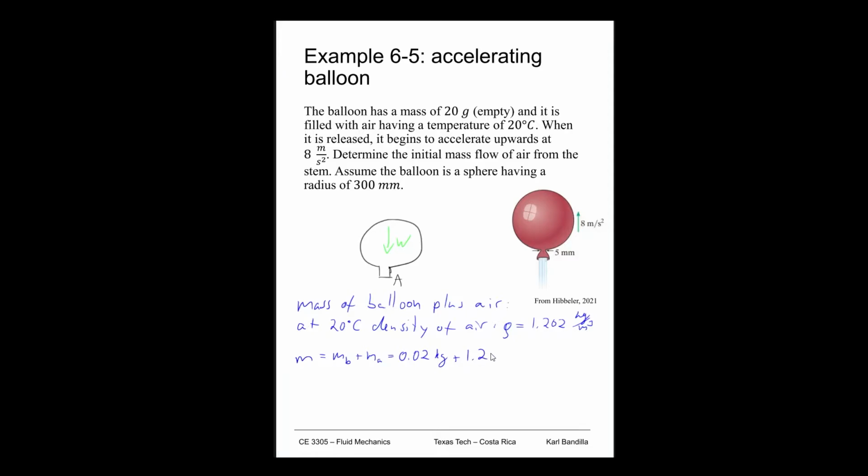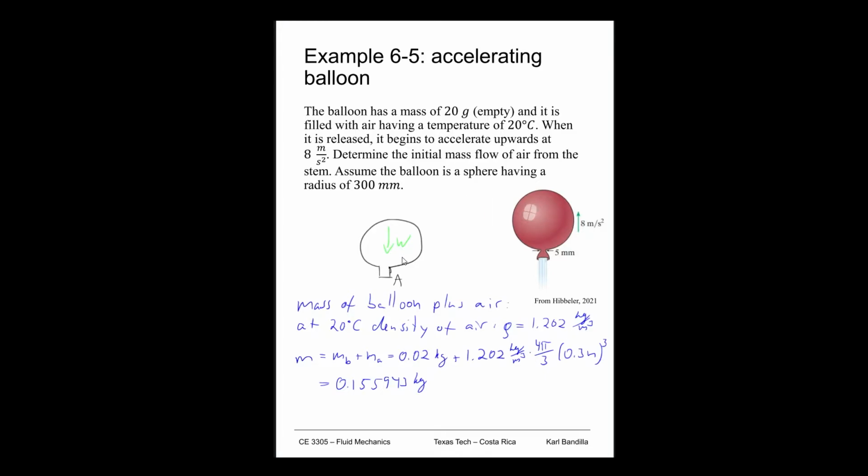So density is 1.202 kilograms per cubic meter, and then this is a sphere, so that'd be 4 pi over 3, and then the diameter is 300 millimeters, 0.3 meters cubed. And that gives me a mass of 0.155943 kilograms. So 156 grams is our mass. All right, so we have the mass.